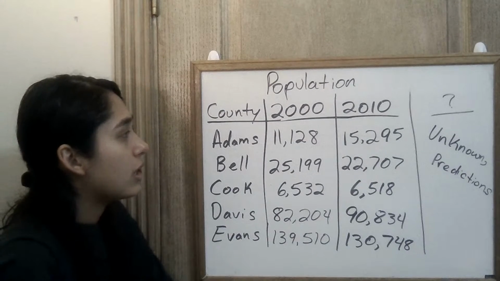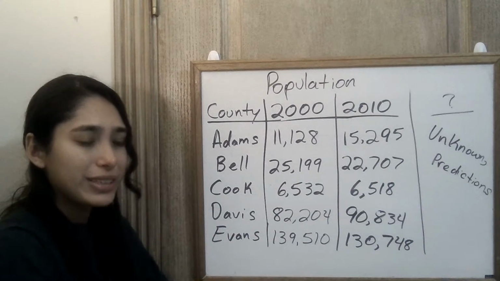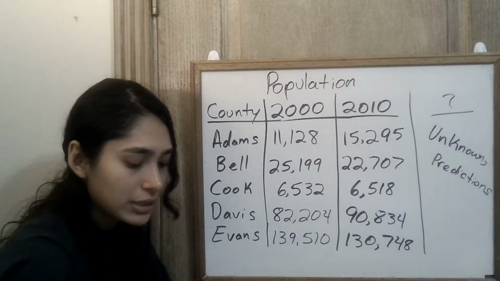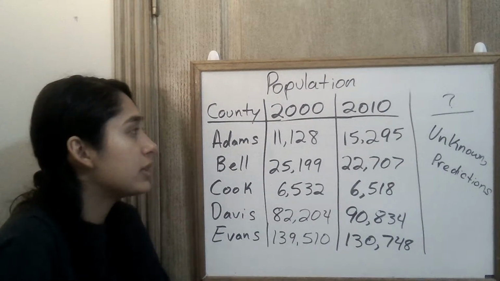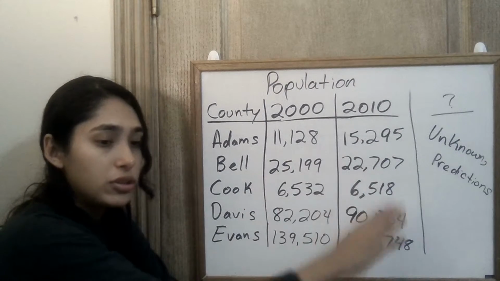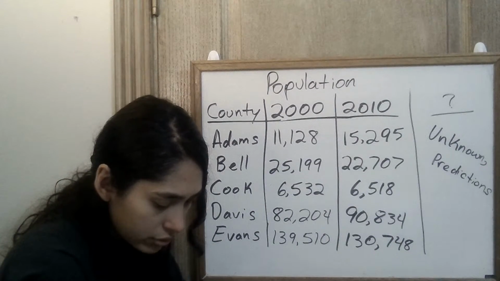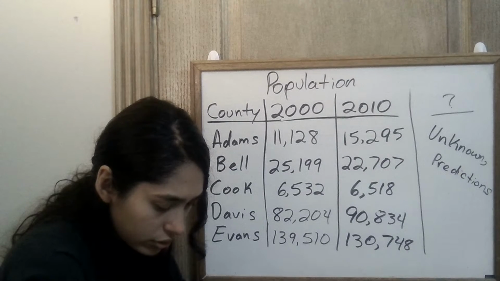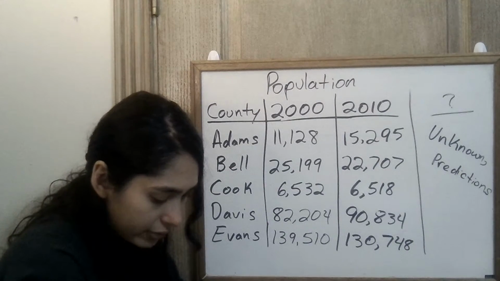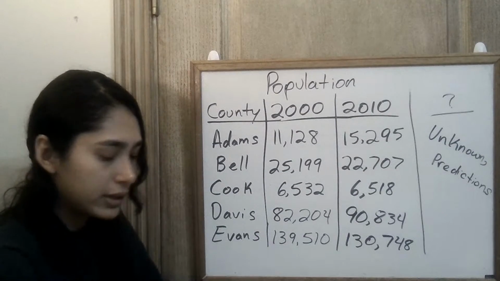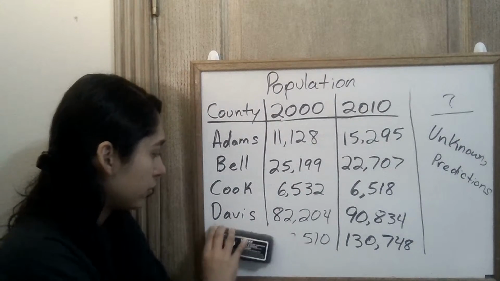So in this, now we're going to do an example where we're tying in stuff from the previous section and finding the percent of increase in population. So what's been the percent increase from this year to the other year? So we're going to go ahead and use Davis County, for example. So I'll go ahead and erase information from Evans County just to make some more room.